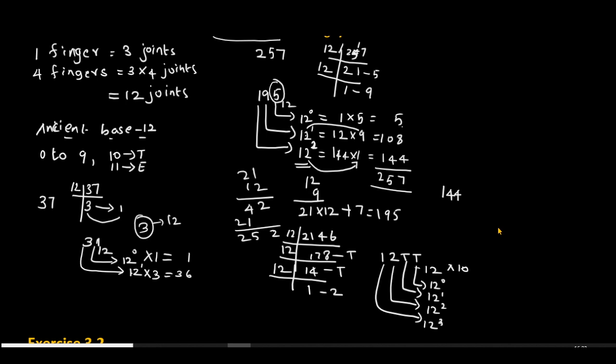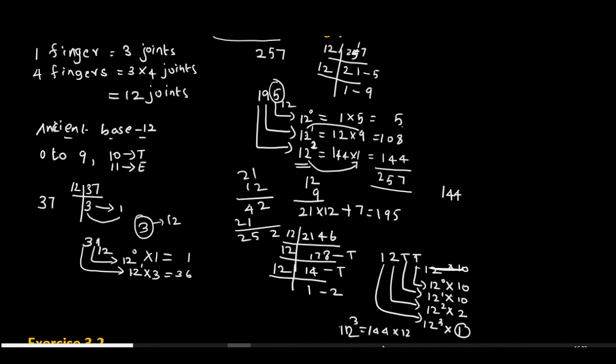This should be multiplied with 10, and the next digit multiplied with 10, then 12 power 1 again multiplied with 10, then 2. This should be multiplied with 2. Then the fourth digit multiplied with 1, which means 12 cubed, one time. For 12 cubed we can write 144 times 12.